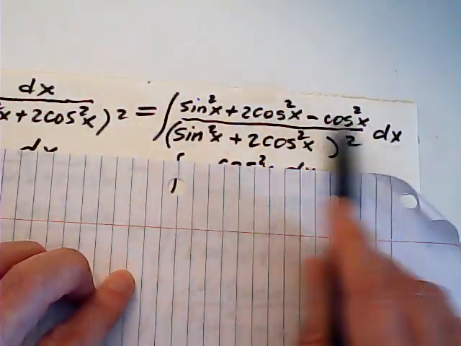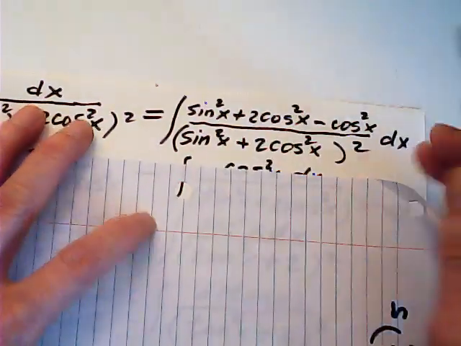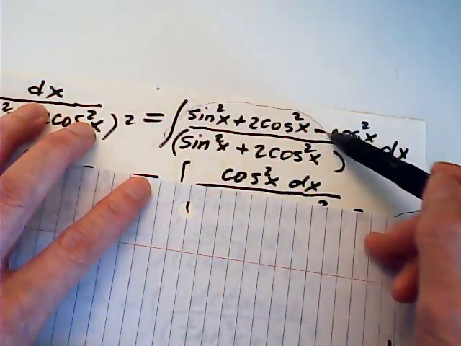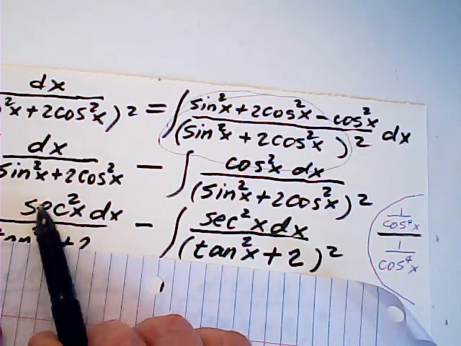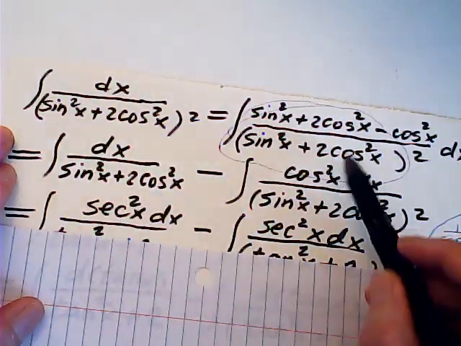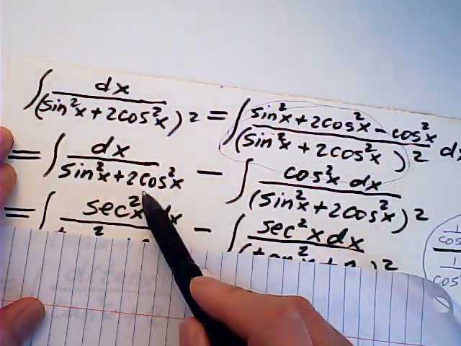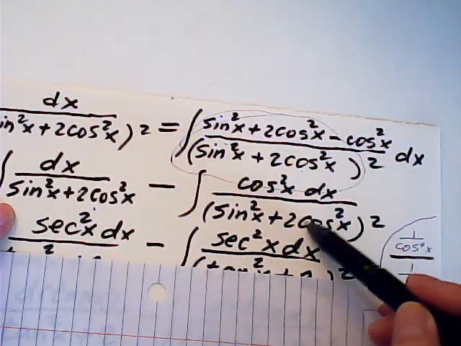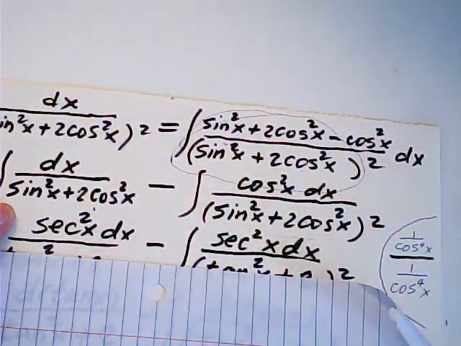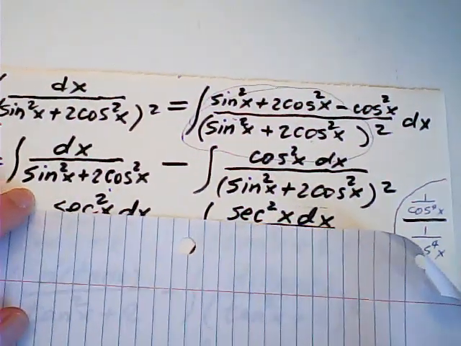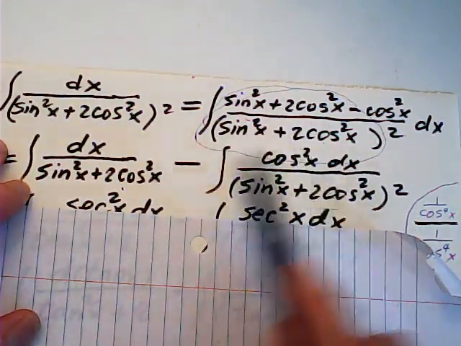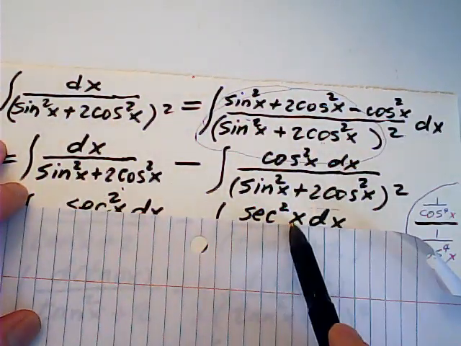Now the reason I put this is because I can simplify, right? This over that is this, after canceling this with this, right? This over that is this. Okay. This over this is this. This over that is this.